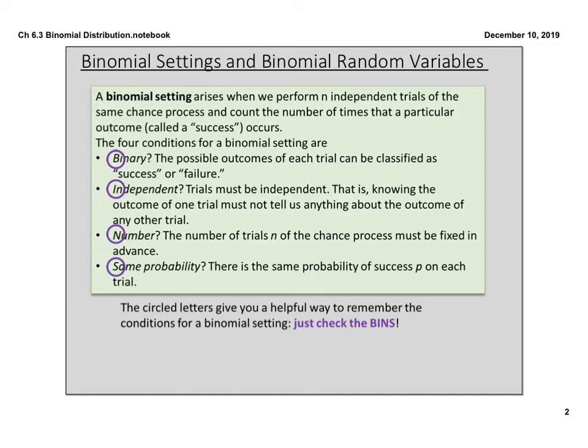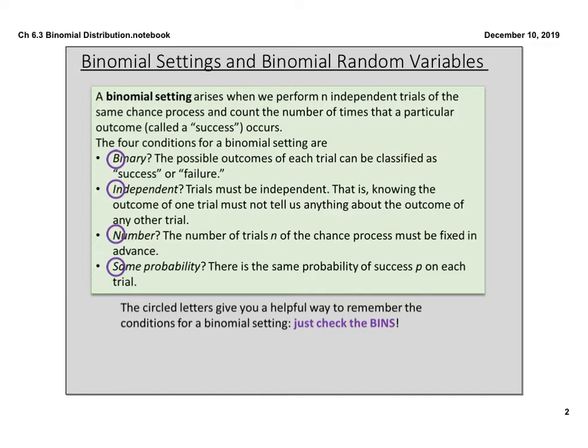Then the N part, the number of trials, must be fixed in advance. For example, I may say, what's the probability you get 5 questions correct on a 10 question true or false test? That 10 question true or false test is fixed before you start the experiment. That's before you end up doing any of the work. So you have to know the number of trials. And then S, same probability.